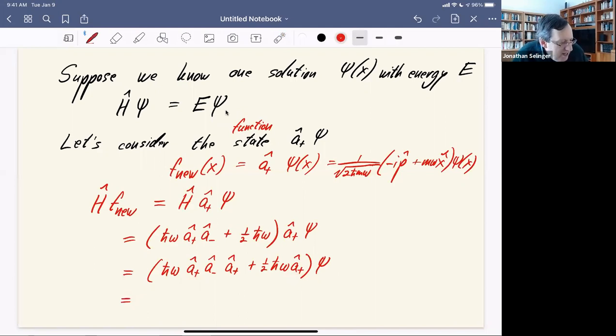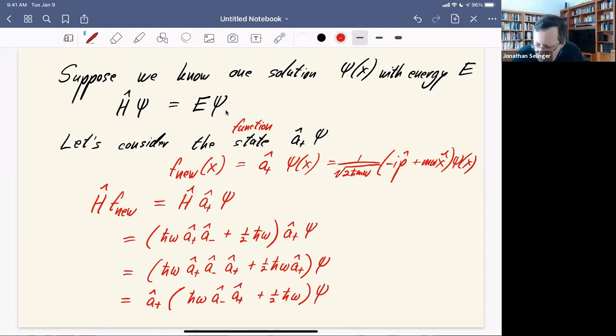So this is equal to a plus acting on h bar omega a minus a plus plus a half h bar omega, psi.